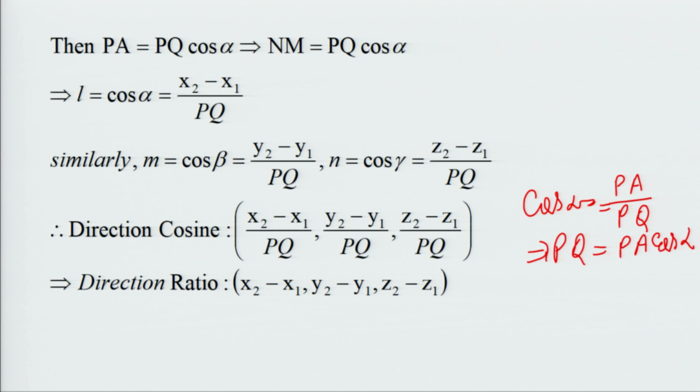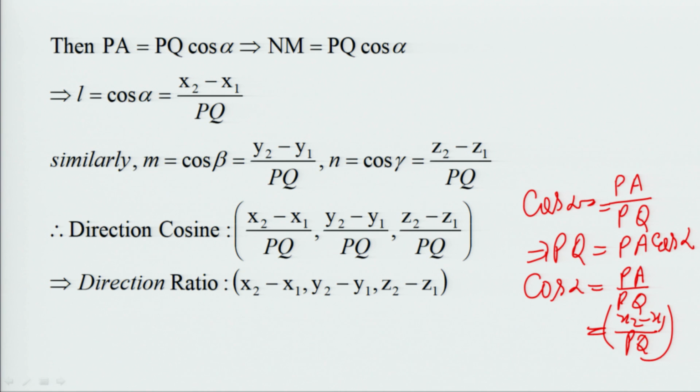Therefore, cos alpha is PA upon PQ, and we get x2 minus x1 upon PQ. This is cos alpha.